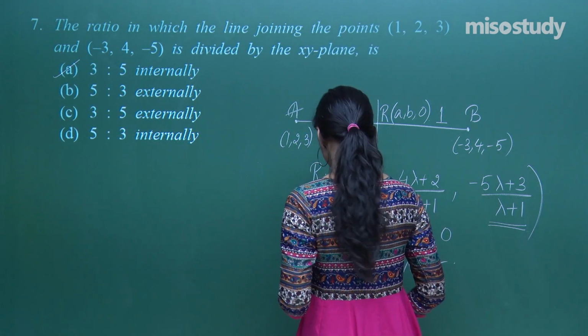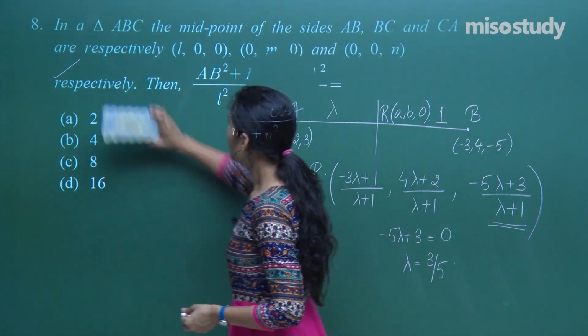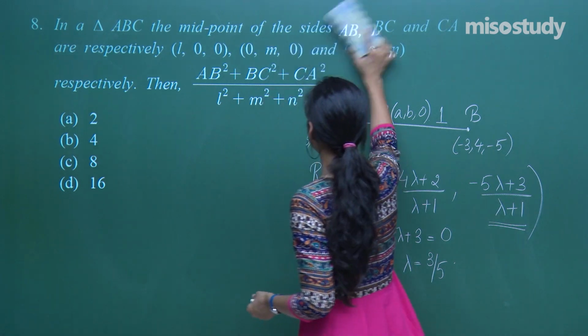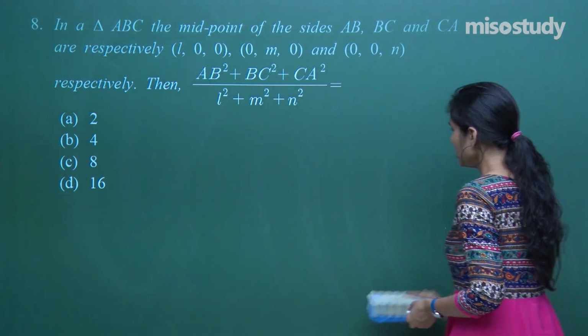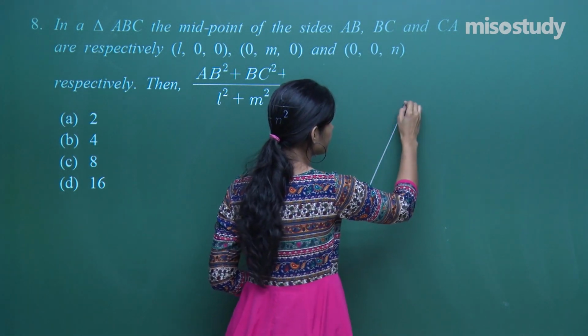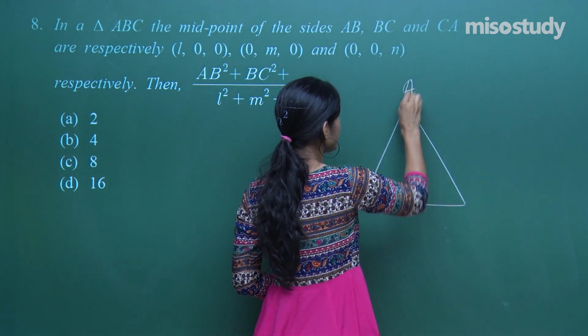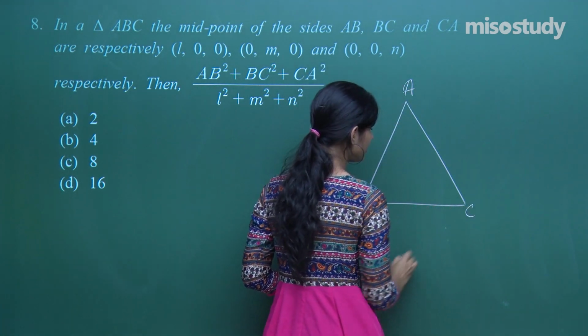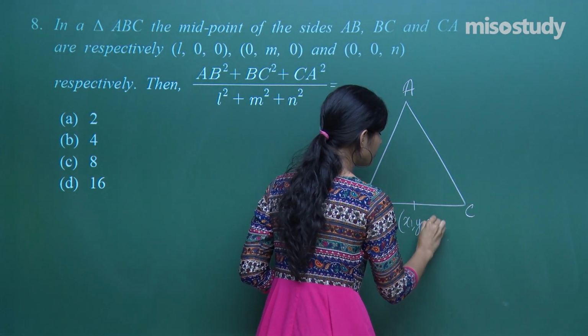3:5. Next question we have: in triangle ABC, midpoints are given to you, and then there is an expression whose value is asked to be computed. Now for this, let me just tell you a small concept. So this is A, this is B, this is C. Midpoint of BC is given to you as x1, y1, z1.